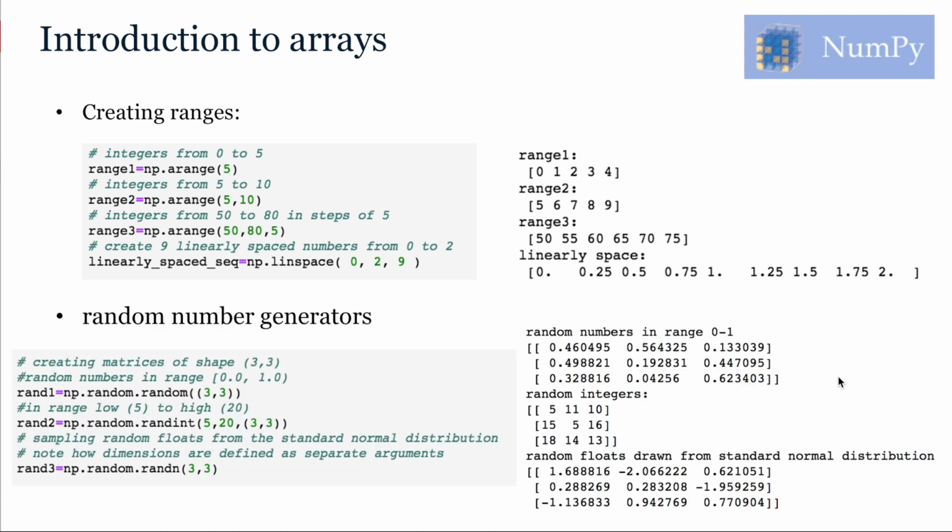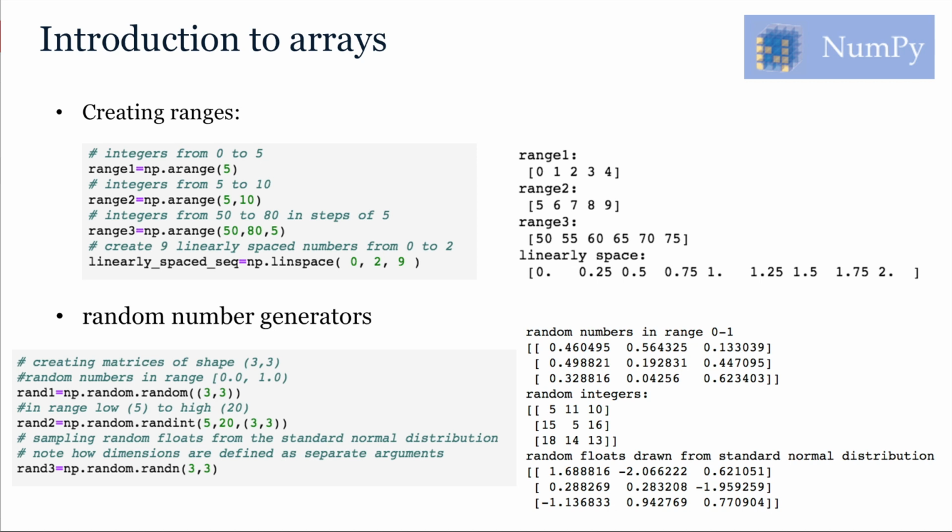Next, let's look at random number generators. NumPy has a wide range of functions for generating arrays of random numbers, of which these are a few. np.random.rand creates a matrix of random numbers in the range from 0 and up to but not including 1. These numbers are uniformly distributed. np.random.randint creates random integers in a pre-specified range.